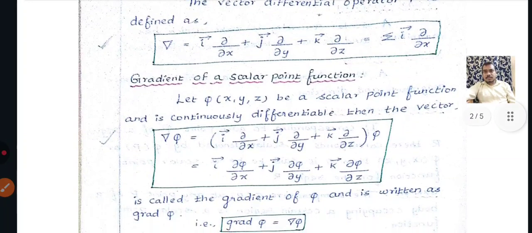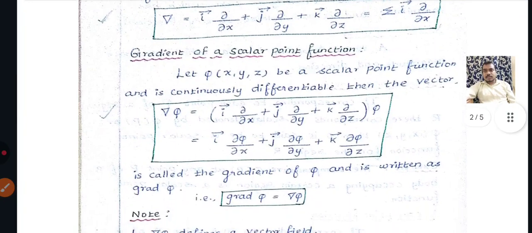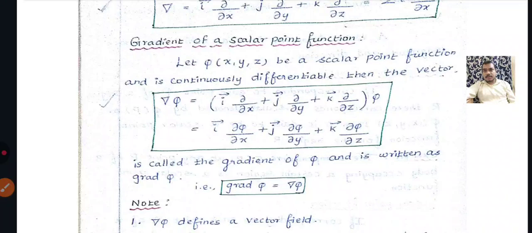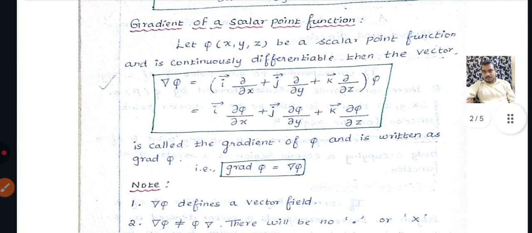Next the topic is gradient, the gradient of a scalar point function. Let pi of x comma y comma z be a scalar point function which is continuously differentiable. Then del pi is defined as i vector into dou by dou x plus j vector into dou by dou y plus k vector into dou by dou z of pi, which is equivalent to i vector into dou pi by dou x plus j vector into dou pi by dou y plus k vector into dou pi by dou z, which is called the gradient of pi.